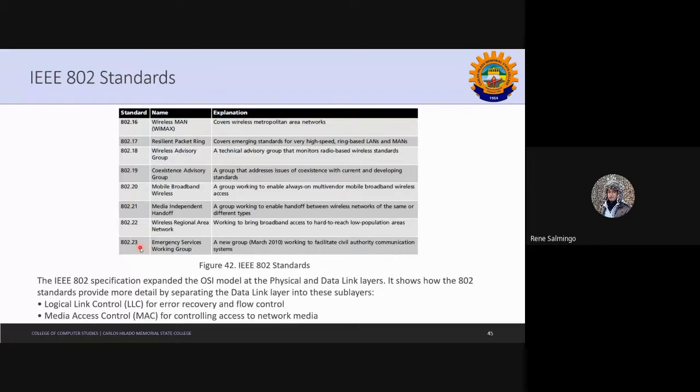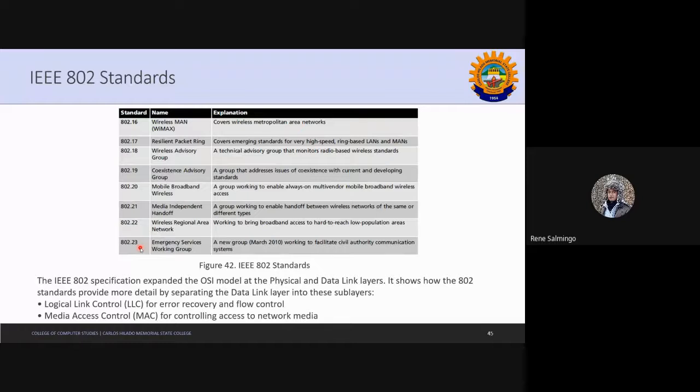Also, as a summary, the specification of 802.xx expanded the OSI model at the physical and data link layers. It shows how 802 standards provide more detail by separating the data link into these sublayers.